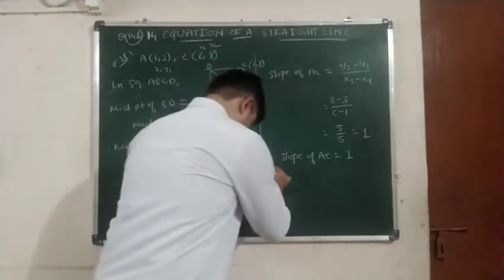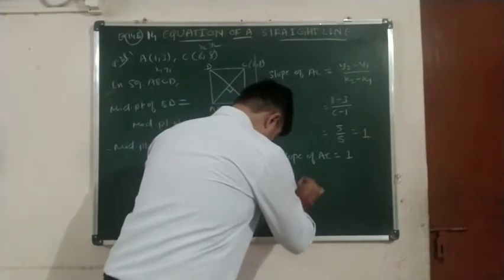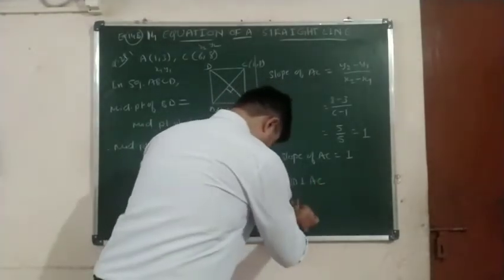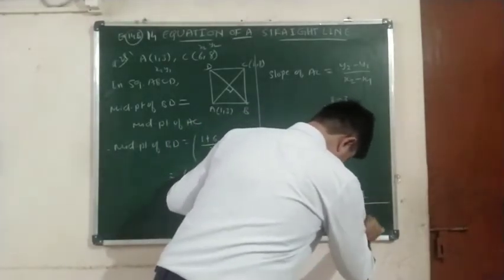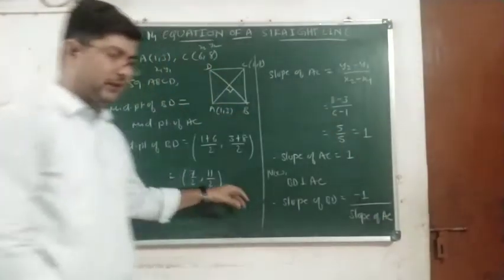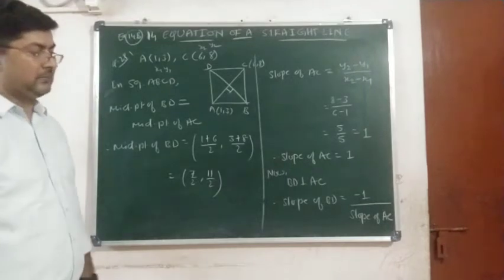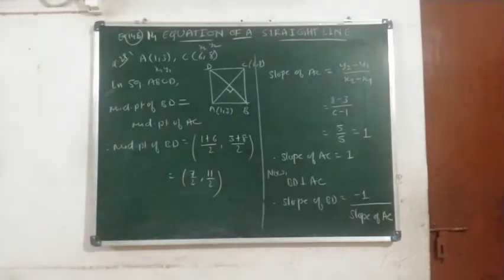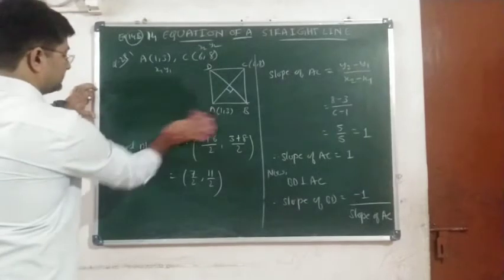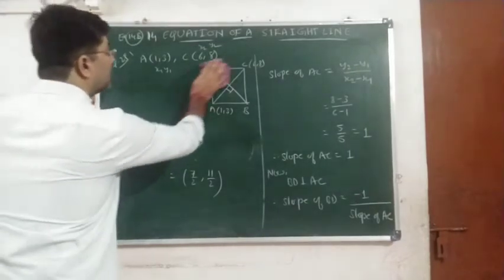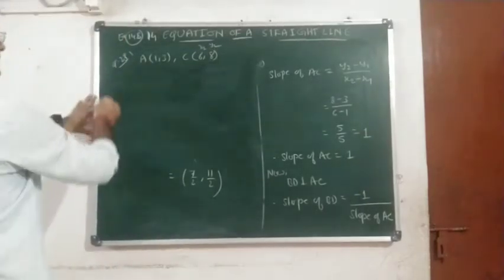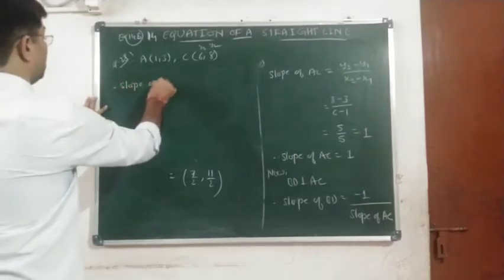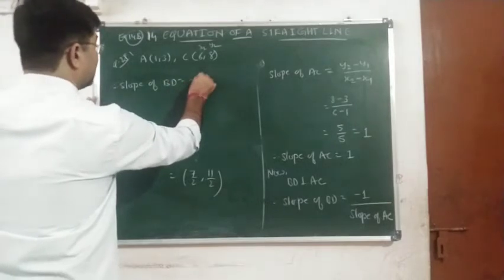Now since BD is perpendicular to AC, slope of BD is equal to -1 upon slope of AC. So slope of BD is equal to -1.